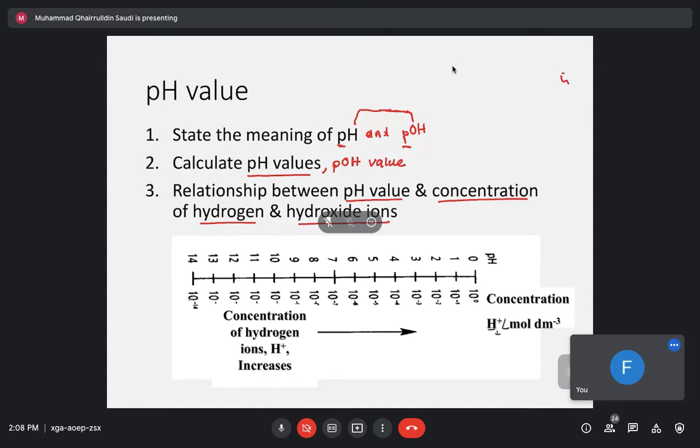Okay, so pH value, we already learned about pH value. We know that pH value have values from 0 or 1 until 14.